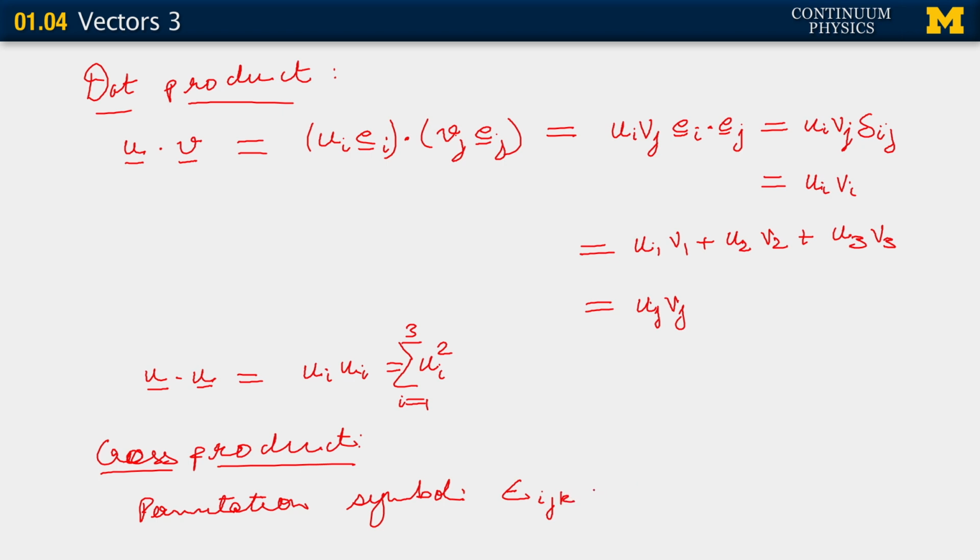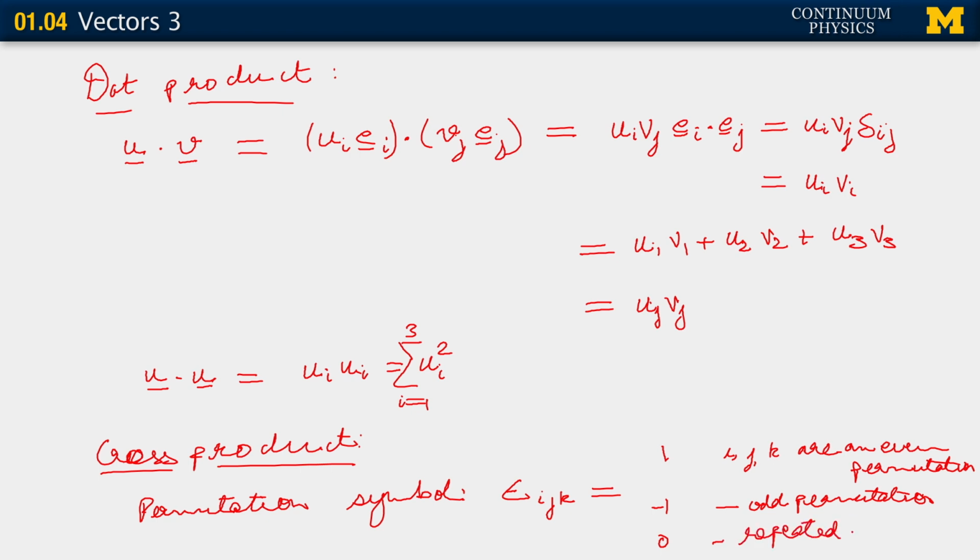And we are going to define this as follows: epsilon ijk is equal to 1 if ijk are an even permutation, it's equal to -1 if they form an odd permutation, and it's equal to 0 if any of the indices are repeated.